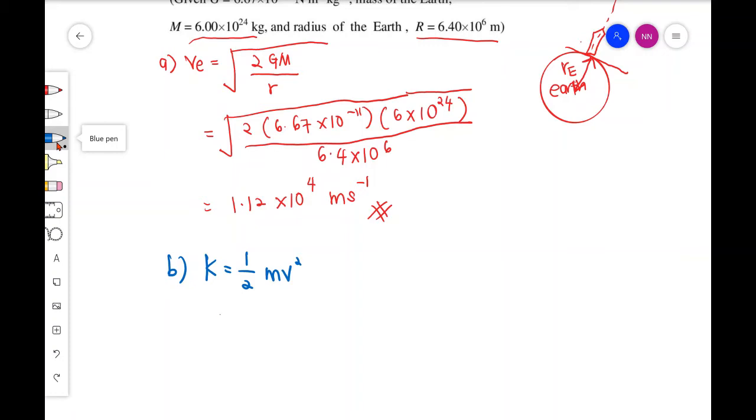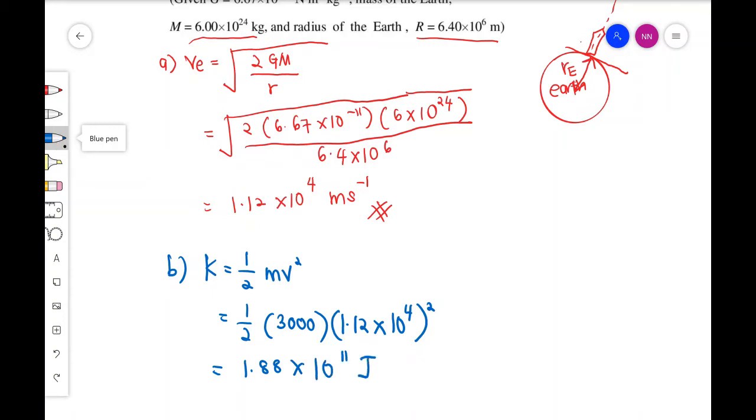So you can substitute mass of the rocket, it is 3,000 kilogram. And then speed of the rocket is 1.12 times 10 to the power of 4. Jangan lupa yang ni squared. Okay, so kita dapat answer 1.88 times 10 to the power of 11 joule.